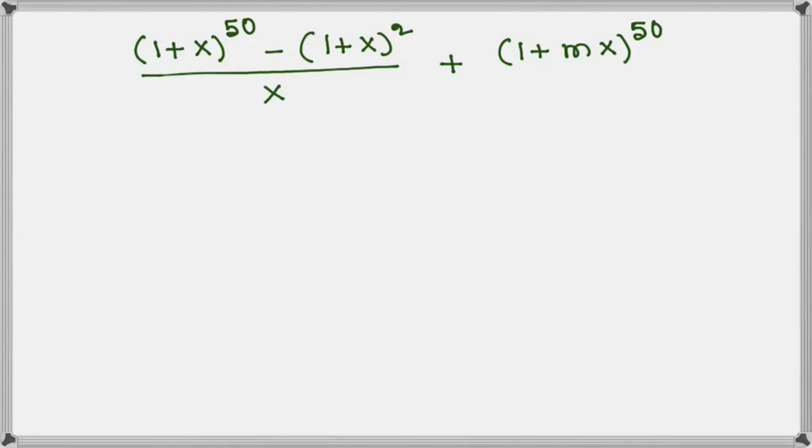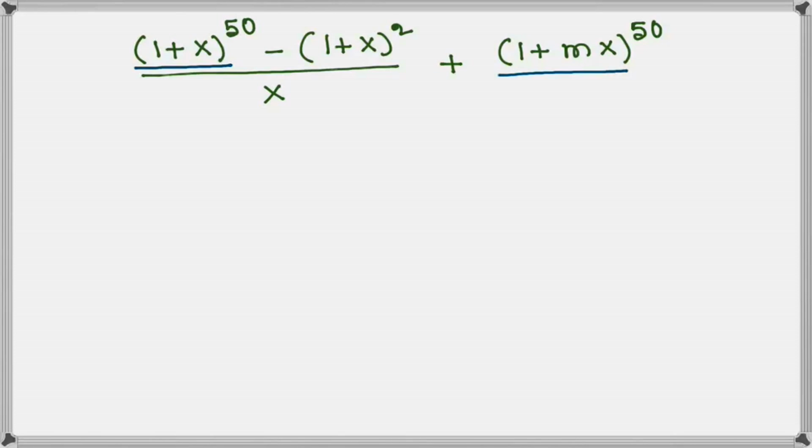Now let us write down the coefficient of x square in this sum. So, the coefficient of x square will have contribution from the coefficient of x cube from the sum (1 plus x) to the power 50, and from the coefficient of x square of the sum (1 plus mx) to the power 50.